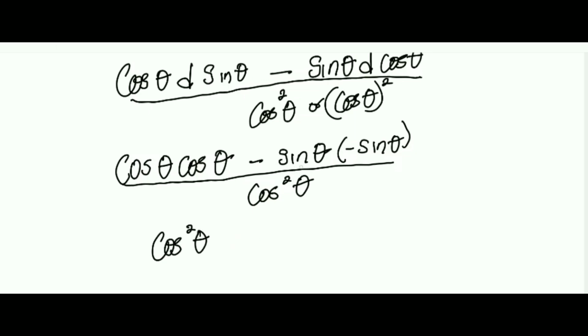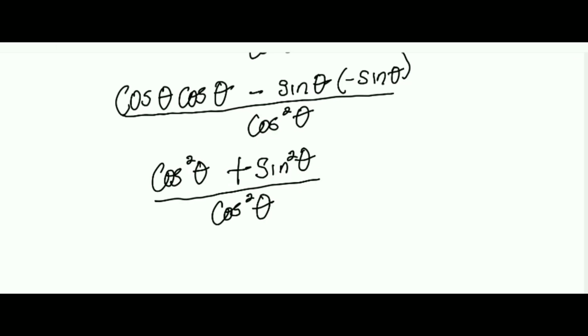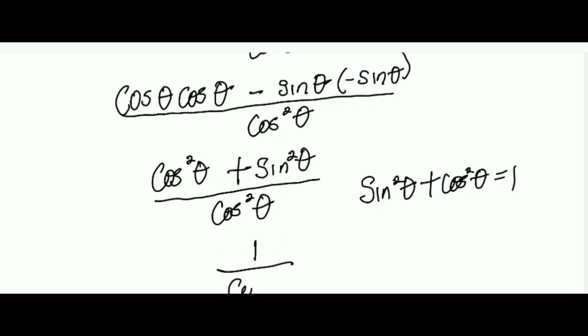Then minus sine theta times minus sine theta is plus sine squared theta, divided by cos squared theta. One of the trigonometric identities states that sine squared theta plus cos squared theta is equal to 1. So here I just have 1 divided by cos squared theta.